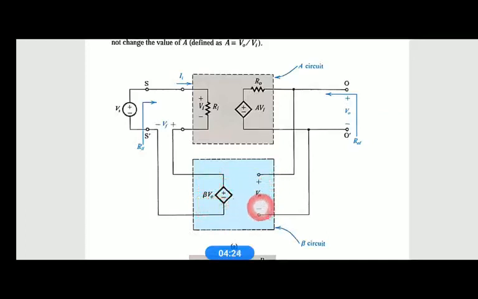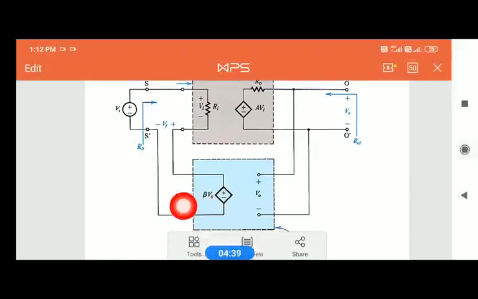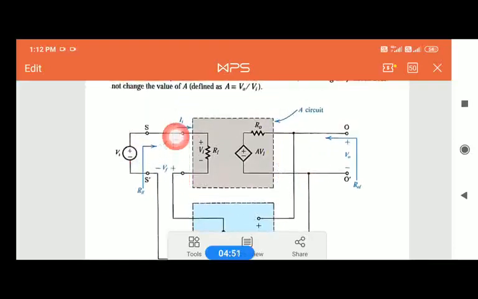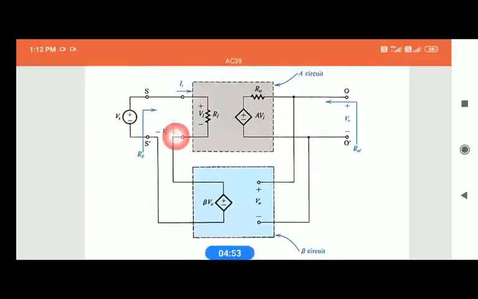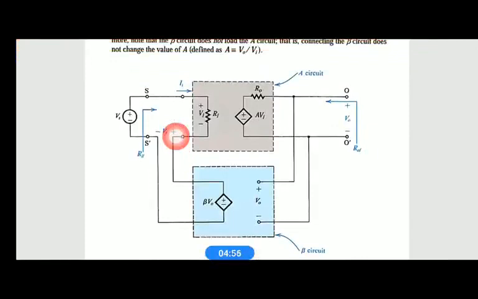Means the beta amount of V0 we are taking here is actually Vf. So Vf is nothing but beta V0, a small amount of V0, which we are feeding to the input in series with Vs. So here the output is a shunt connection and the input is a series connection. Therefore we can say that this topology is a series shunt topology.